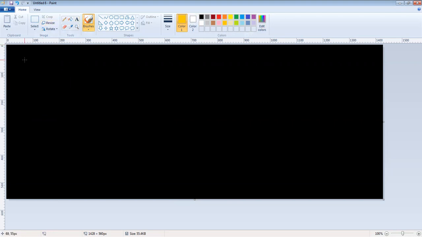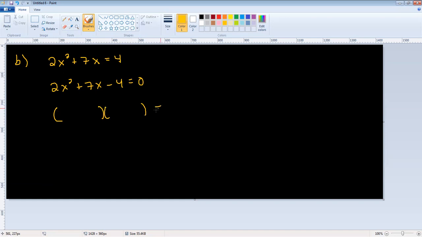So here's some more examples. So what if we have this, B? We have 2x squared plus 7x, and that's equal to 4. Well, we can move that 4 over. This is a little tricky, so does anybody remember how to do this? Remember, when you have a coefficient bigger than 1, all of a sudden everything is different.